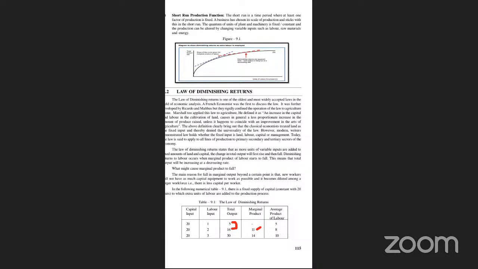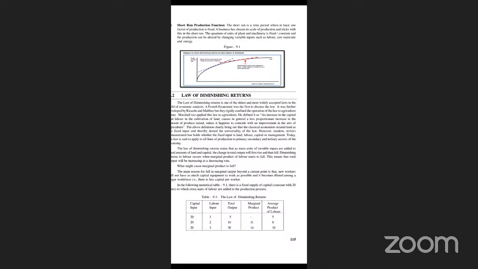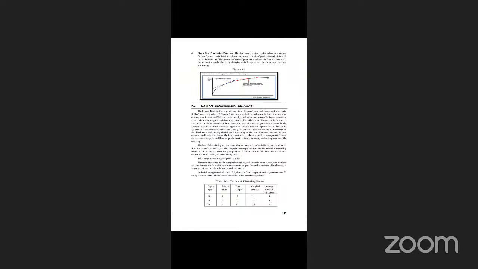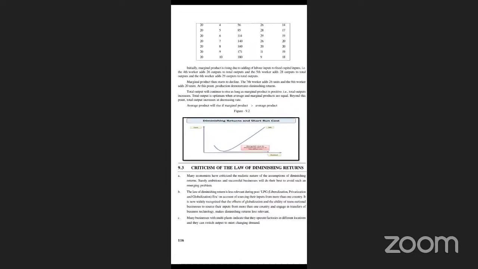And 16 divided by 2, 8 is the average. 30 divided by 3, 10 is average. And from 16 to 30, the change happening in the total output, that is 30 minus 16, is 14. So on and so forth. You'll have to do it for all, 24, so on and so forth you can do.